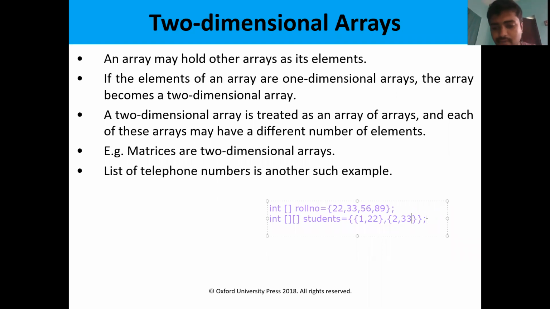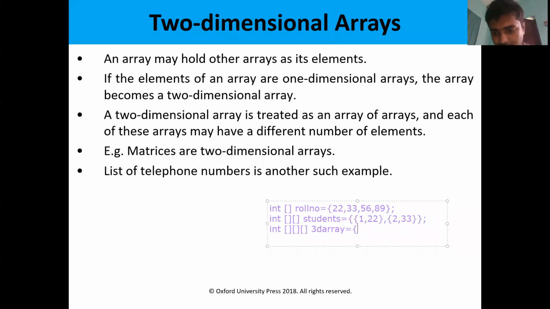two-dimensional arrays. If you go for three dimensions, we have three indices. Suppose the name is 3D array.